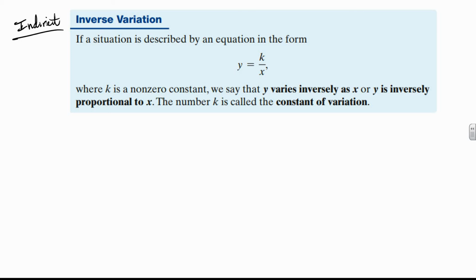Indirect is when two terms vary inversely. And you see the model there. If y varies inversely with x, that simply means y is equal to some k divided by x. So when we see the English, this is just telling us how to write it out, okay? Again, that k is the constant of proportionality or the constant of variation.